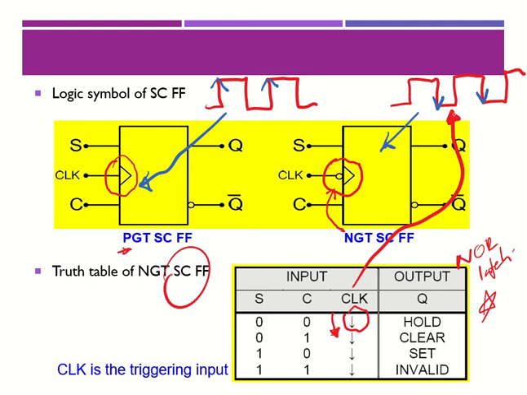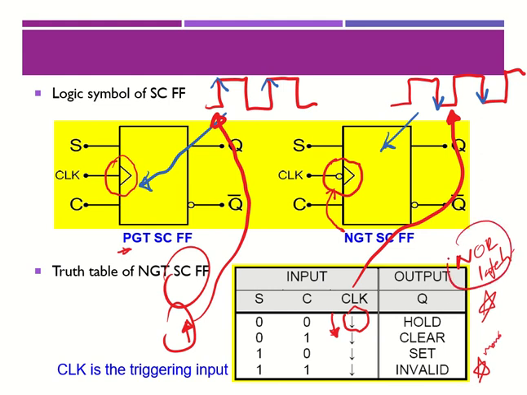For SC: 00 is hold, 01 is clear, 10 is set, and 11 is invalid. Since it's similar to the latch, you just need to take note and memorize this.